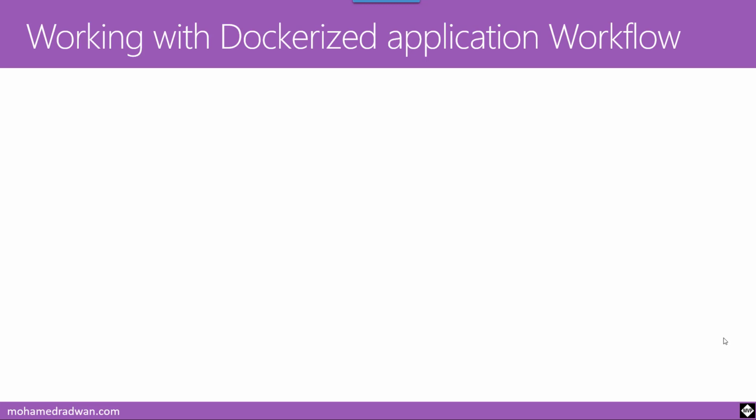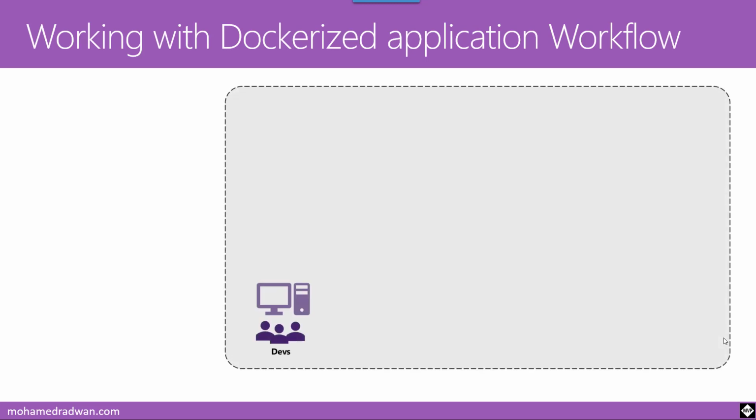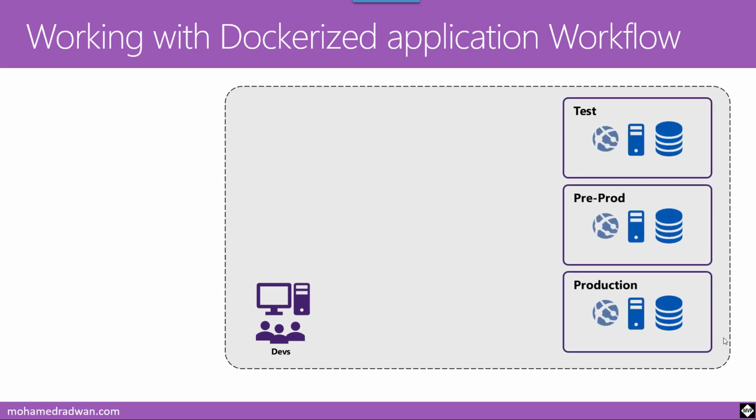So let's understand the workflow of working with a Dockerized application. As we explained, it starts with developers having their own machine, where they develop the containerized application. On the other side, we have several environments like test, pre-prod, and production.